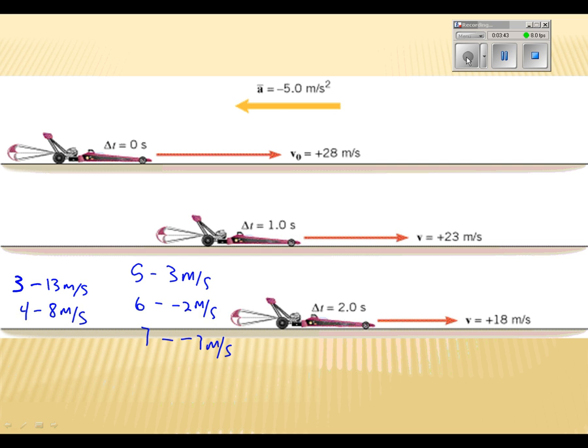Now this whole time, the acceleration is negative 5 meters per second squared, even though the car is going backwards, and you'll see the car is going backwards and speeding up in the negative direction, it has a negative acceleration.